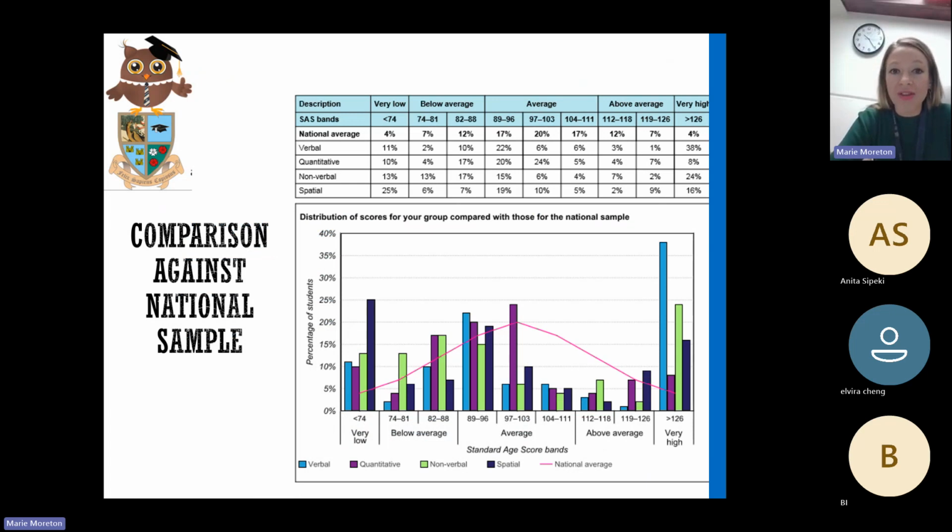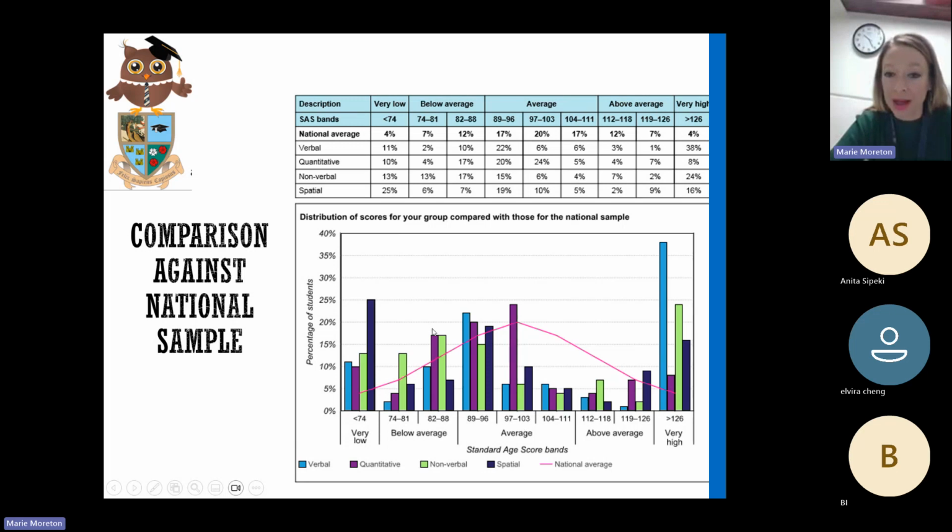The CAT4 gives us information that tells us how we compare our children against the national average. So if you take the assessments of all children in the UK, then you get what is a bell curve. This is a normal distribution curve. So you find most children are in this section here. This is exactly average. Exactly average would be a score of 100.